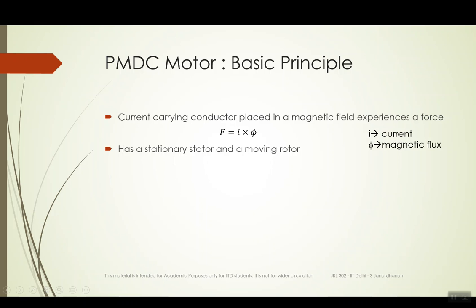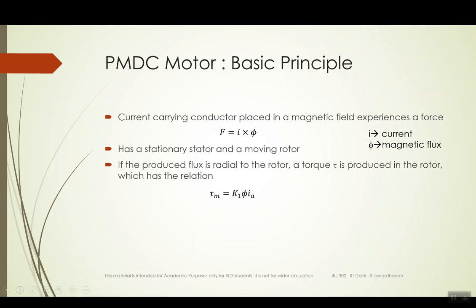In the permanent magnet DC motor, PMDC motor, the motor would have a stationary stator and a moving rotor, and phi has a constant magnitude.